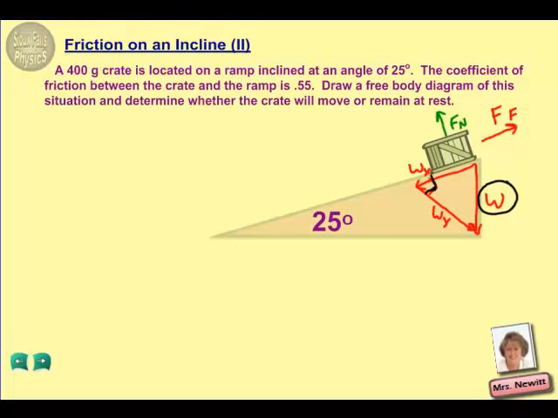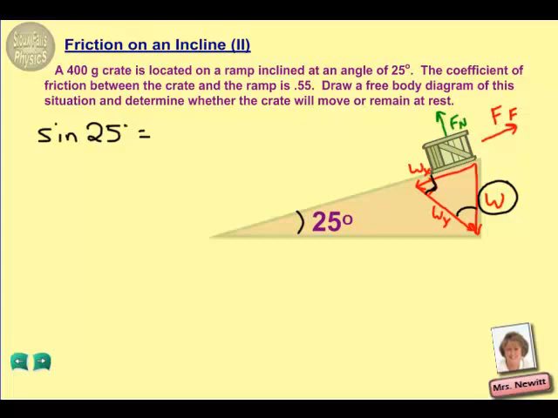To start with, our 25-degree angle, that is the angle of the ramp, is also the angle at the bottom of the triangle. And so we can start with the X component, and again, that component of the weight is opposite our angle. So in that case, we would be looking at the sine of 25 degrees.